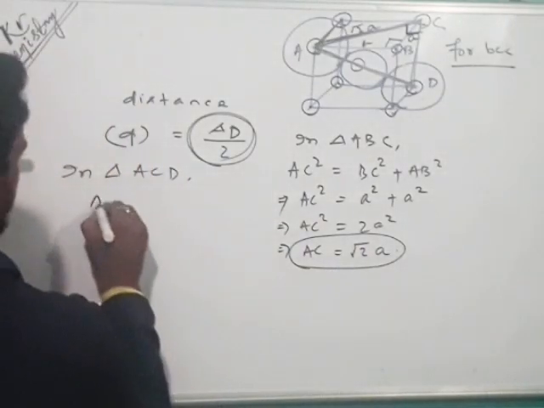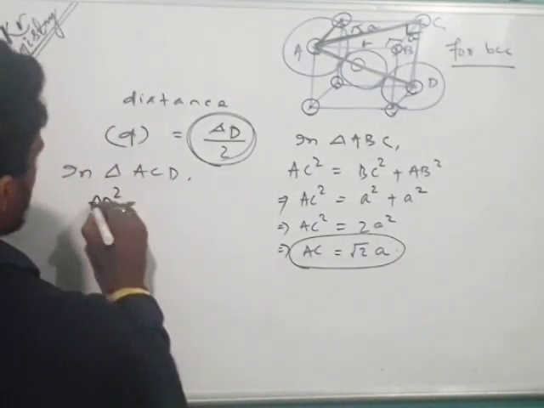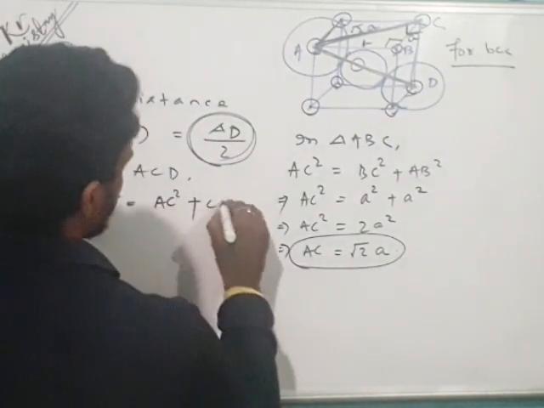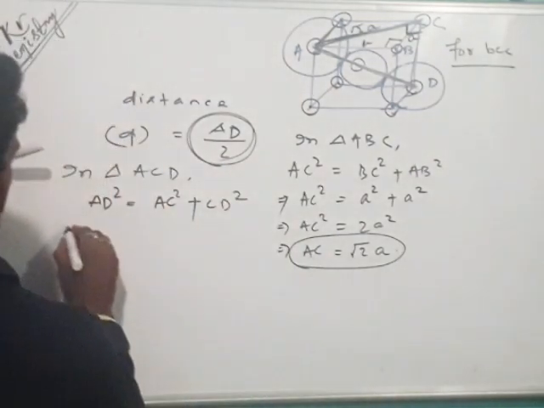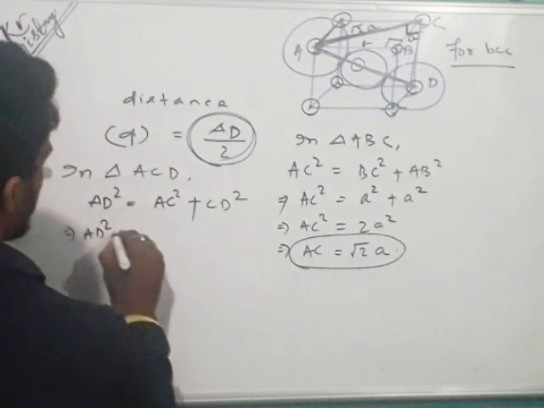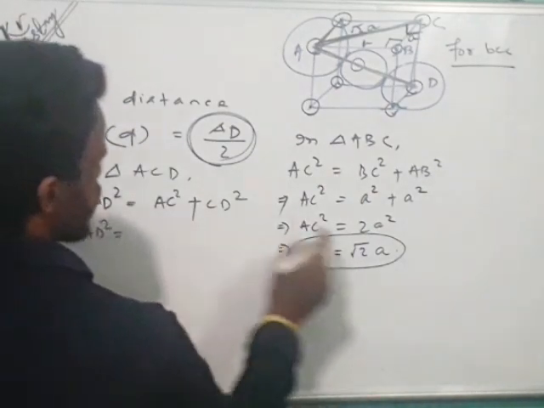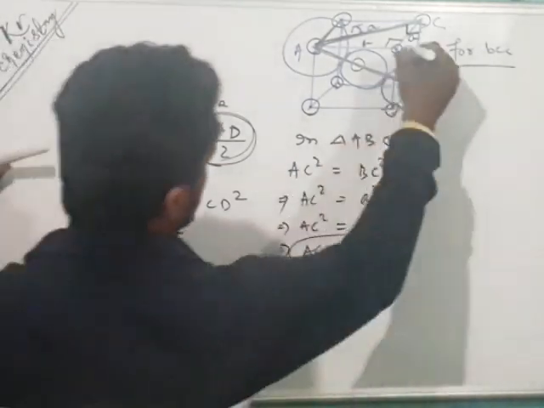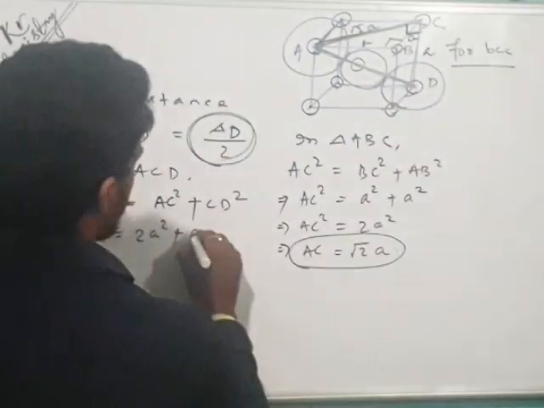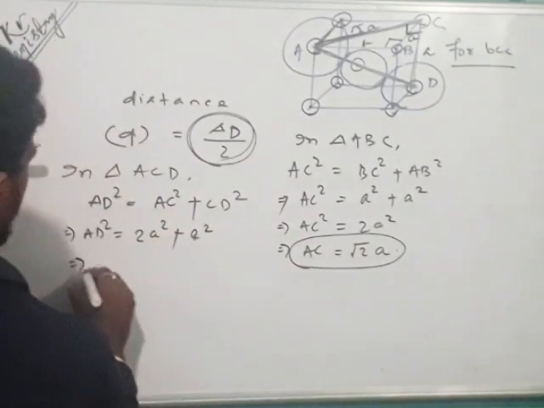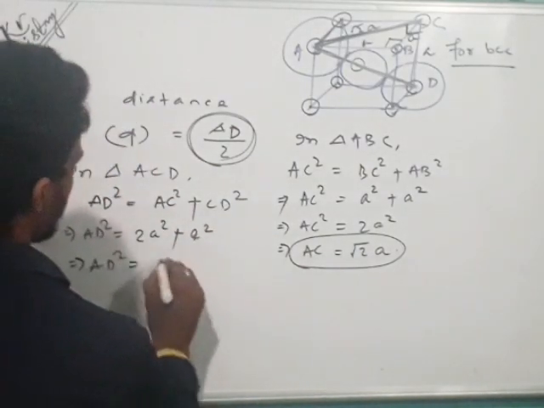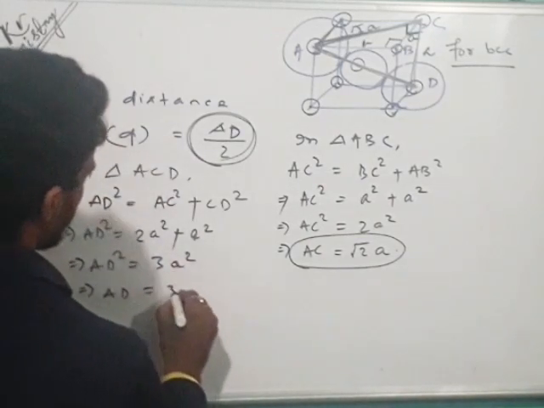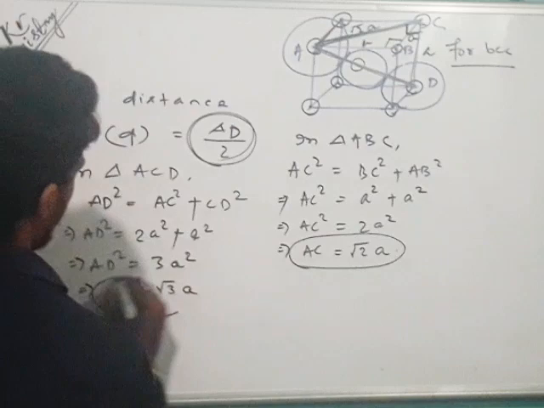So AD square is equal to AC square plus CD square. AC square is 2a square, plus CD square, which is the edge length, a square. That implies AD square is equal to 3a square and AD is equal to root 3 into a.